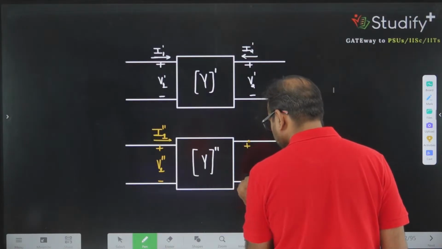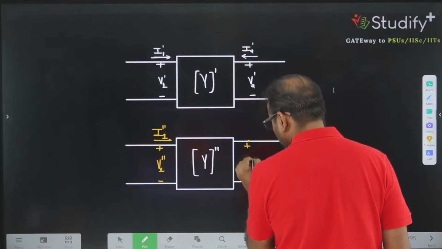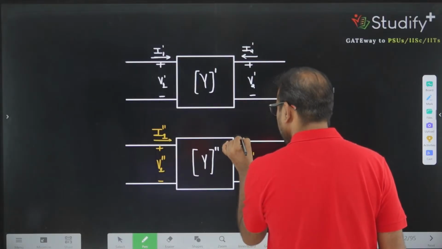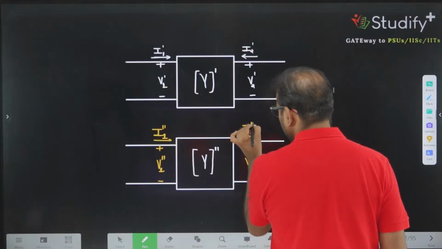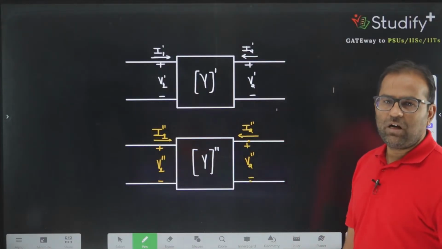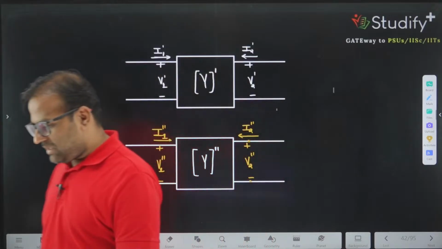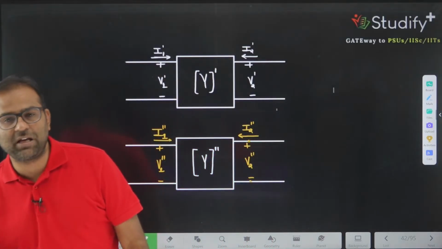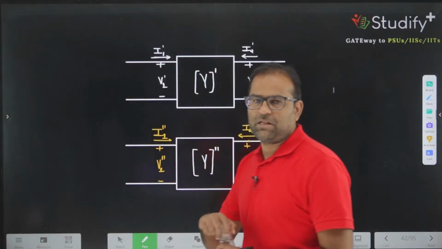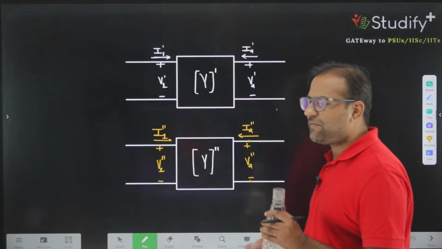This is V2 double prime and this current is I2 double prime. This is we are talking about the connection of two-port networks, and in connection of two-port networks we are having these two Y parameter networks. For these two-port networks Y parameters are given.